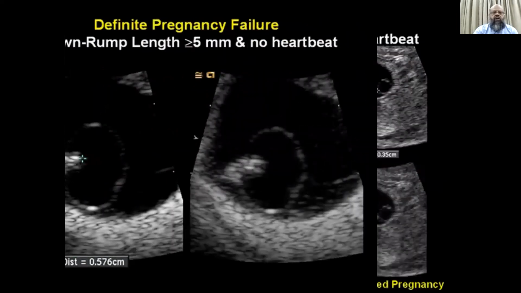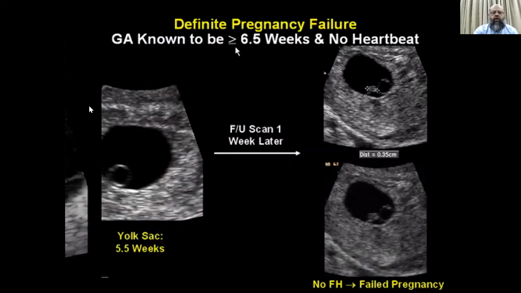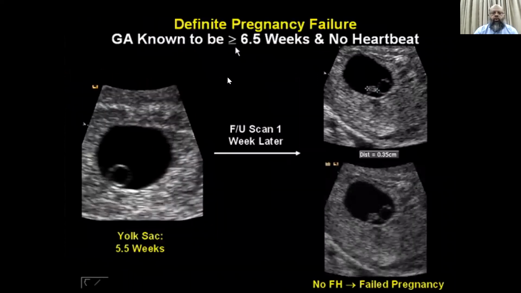So gestational age known to be 6.5 weeks and no heartbeat. This was a case. Look at this. The yolk sac is at 5.5 weeks here, and on follow-up scan 1 week later, there was a small embryo, but no fetal heart activity.